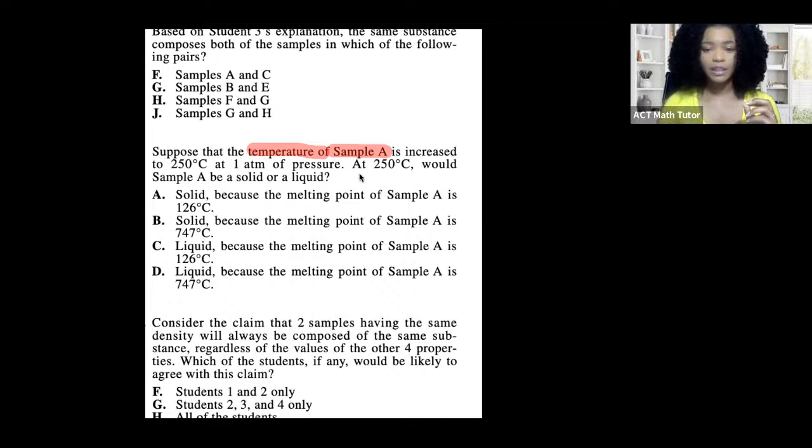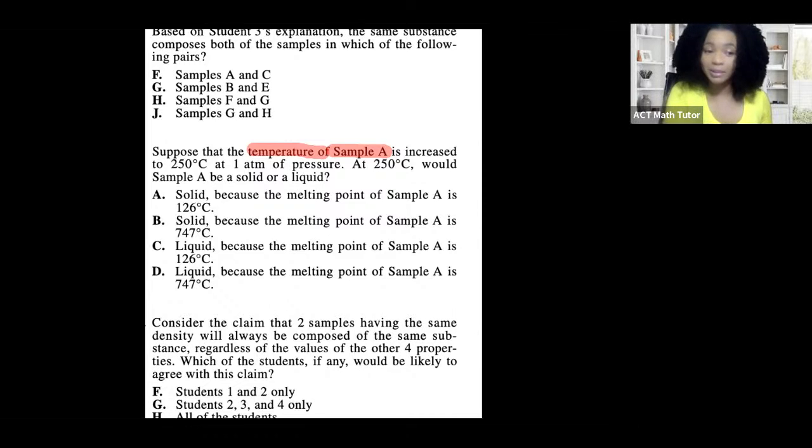So if it's at 250 degrees Celsius, has it crossed over into a liquid? Has it melted? We just need to go and check the melting point and see if 250 degrees is above the melting point or not. If it's greater than the melting point, it has become a liquid. Okay. If it's less than the melting point, then it's still a solid.